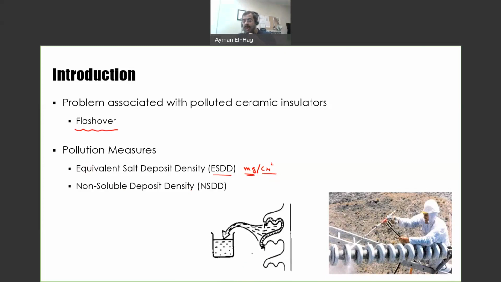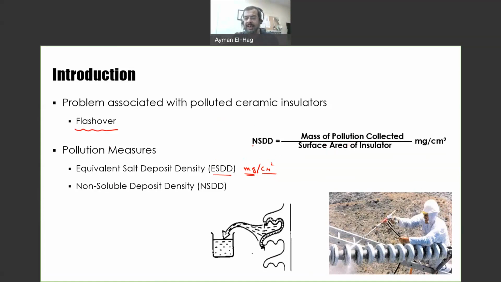So we'll have this material, and then we will take its weight, and we divide the mass of this pollution we collect by the surface area. We get the NSDD, which has the same unit, milligram per centimeter square. But here the ESDD is more of the conductive amount of the pollutant, and the NSDD is the inert amount. Okay.